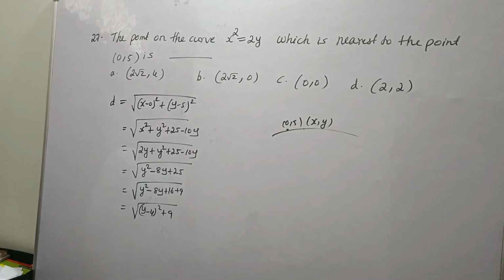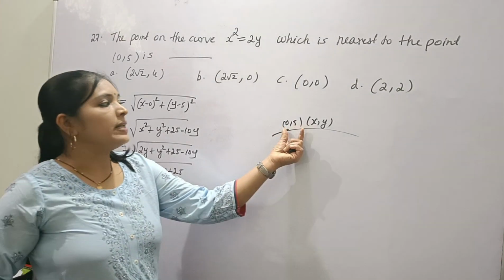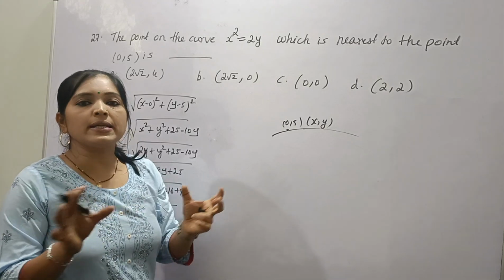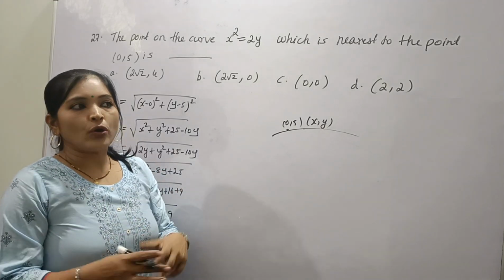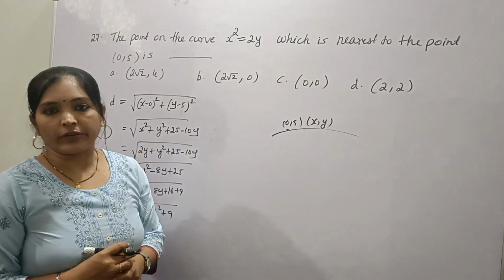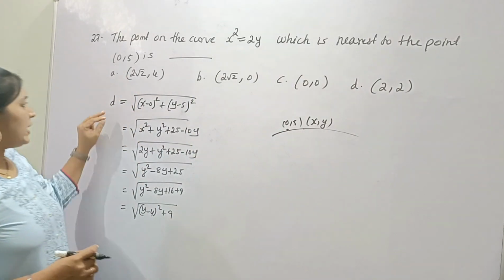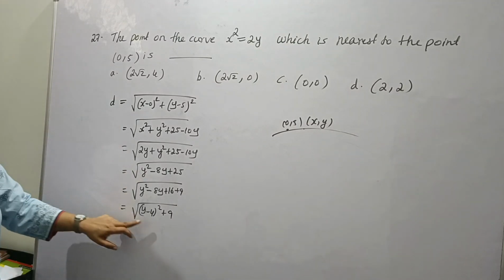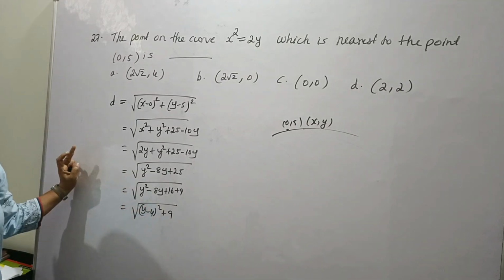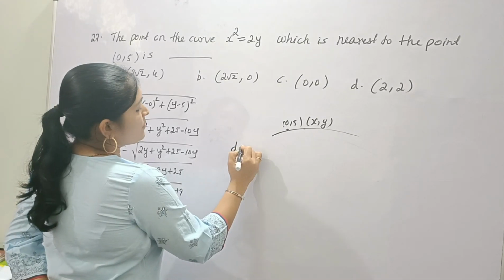It is given, we have to find the nearest point. Nearest point means its distance is minimum. So when this d is minimum, this y minus 4 whole square will be 0.